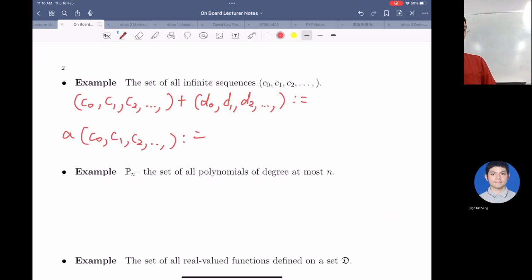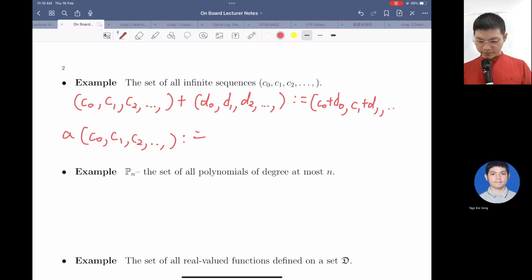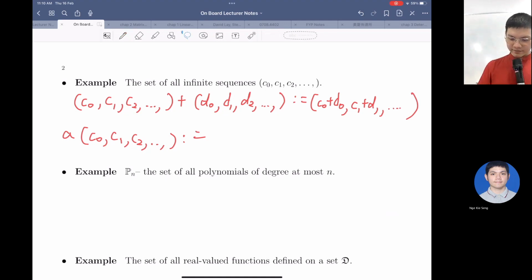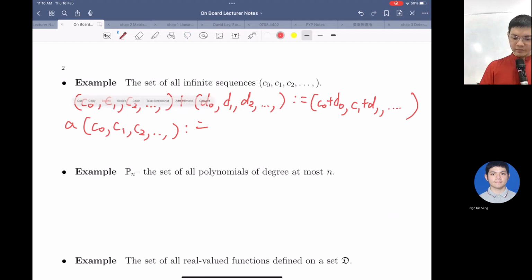So you want to add entries by entries. You add the first entry to the first entry, the second entry to the second entry, and so on. How about multiplying by scalar?